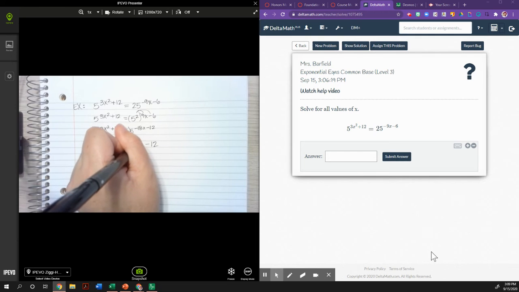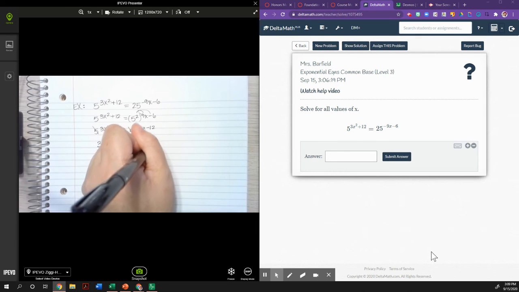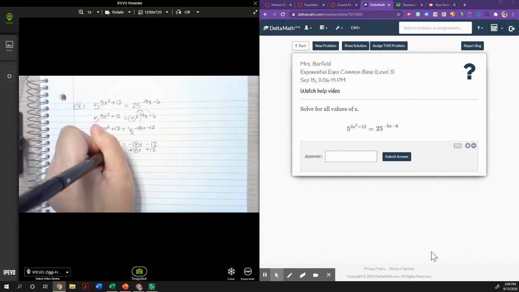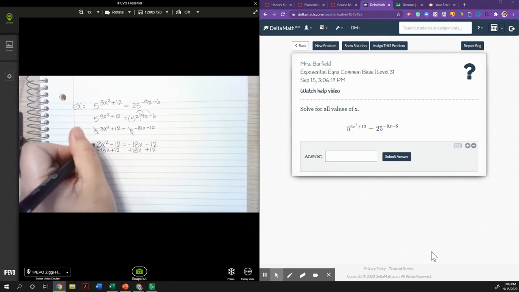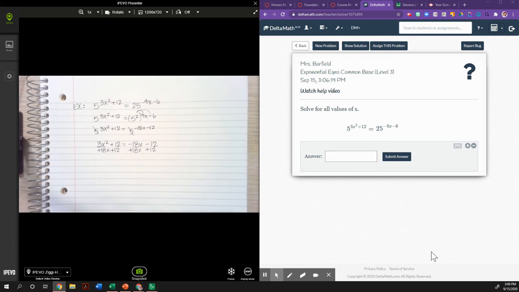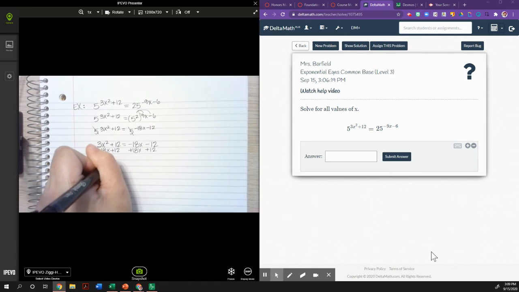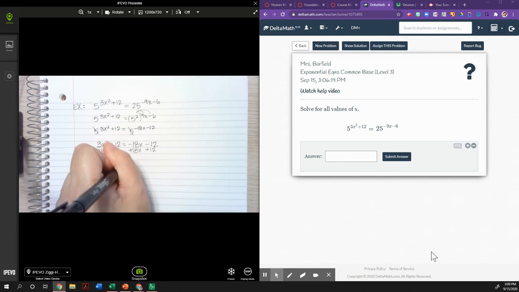So I'm going to add 18x and I'm going to add 12 to both sides. Now when I combine like terms, I get 3x squared plus 18x plus 24 equals 0.